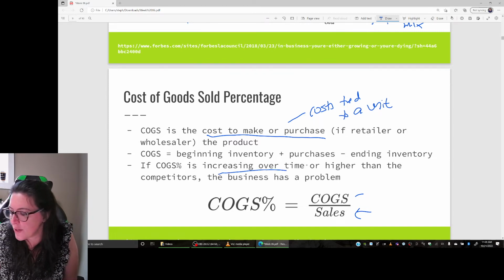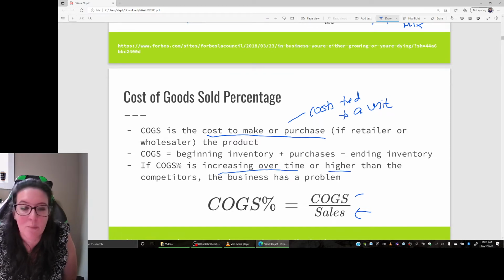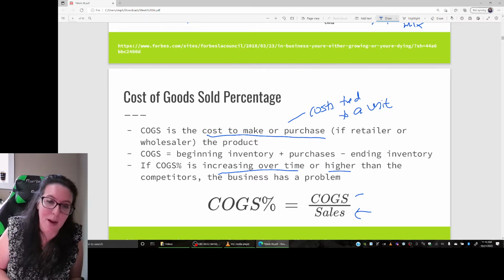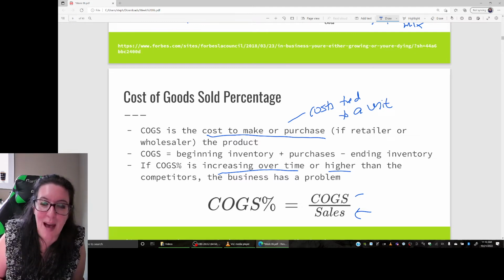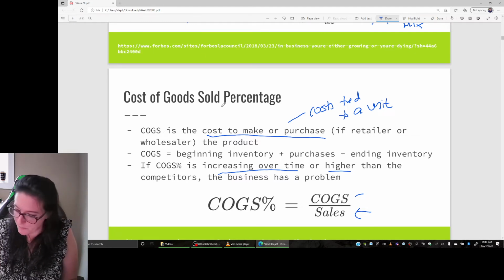If it's increasing or if it's higher than the competitors, then our business has issues. Our costs are going up, we're going to get less profit. If we have higher costs per sales than our competitors, we're making less profit than our competitors. So really that cost of goods sold is telling us about what's happening to our profit margin.